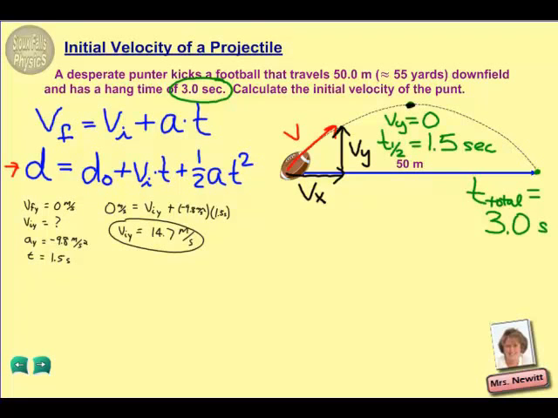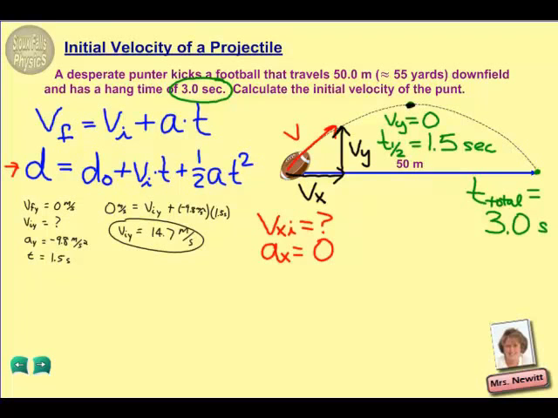So what do we know about the horizontal direction? Well, first of all, we are looking for that initial velocity in the horizontal direction. That is our unknown. We also know that without air resistance, there would be no acceleration. Now remember that little simulation we saw of the football at the beginning?